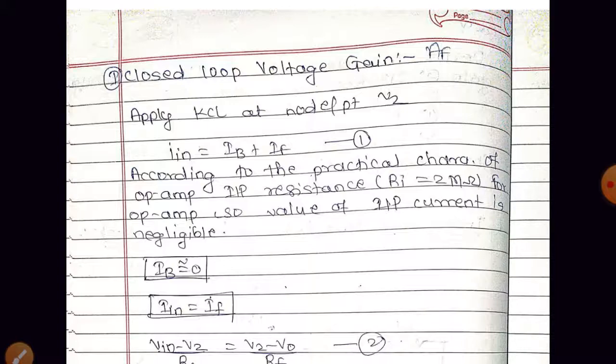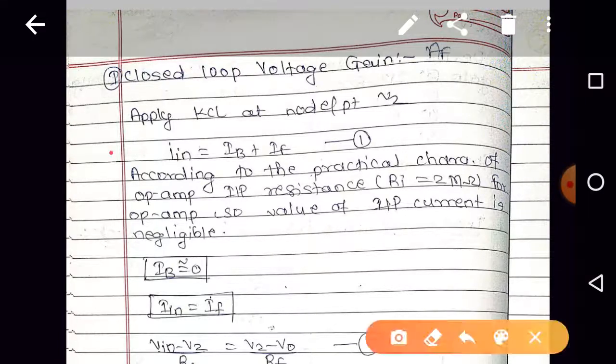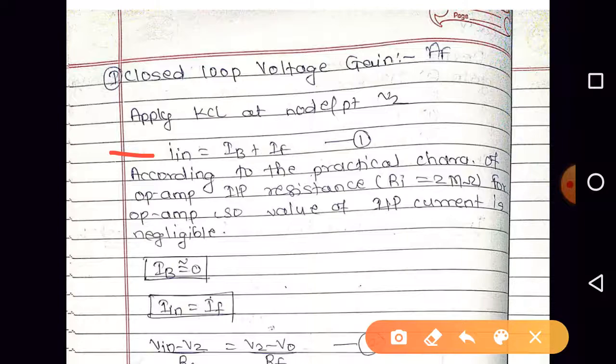So I in, the incoming current, is equal to IB, the input current for the op amp, plus IF, the feedback current. It is equation number 1: I in is equal to IB plus IF, at the node V2.